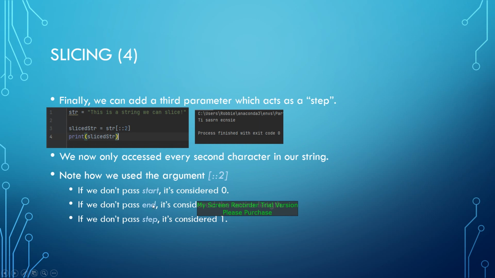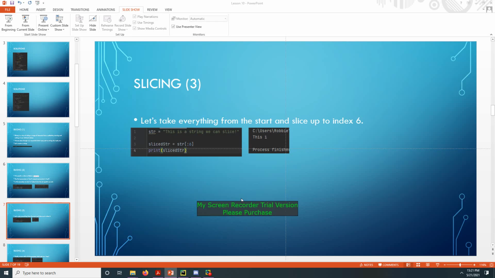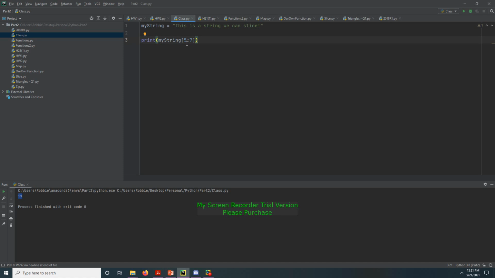If we don't input an end, it's considered the entire length, so it'll go up until the last character. And if we don't pass a step, which is the third parameter, it's considered to be 1. So we don't have to input these parameters. They can be left at their default.